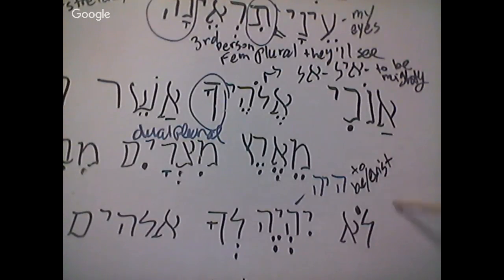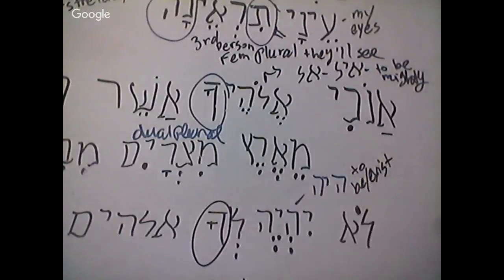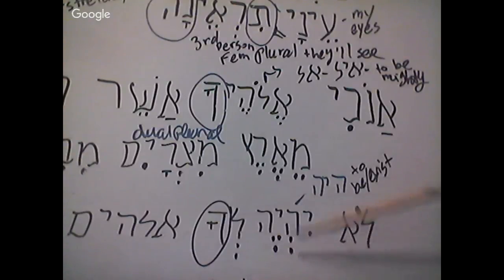So it shall not be, it shall not come to pass, it shall not exist. Laka. If you go back to lesson number 15, you'll see that laka means to you or for you. That right there being an aspect of to you. Lo yihye laka.